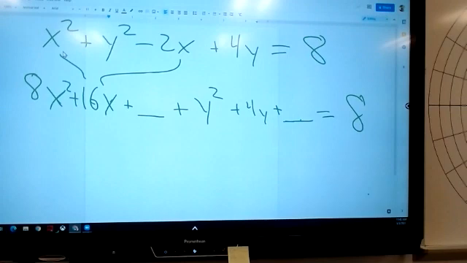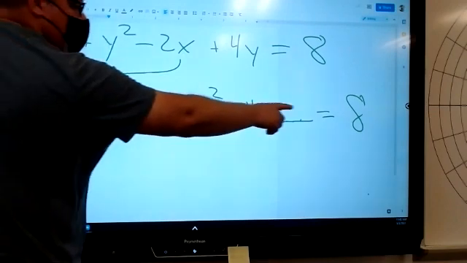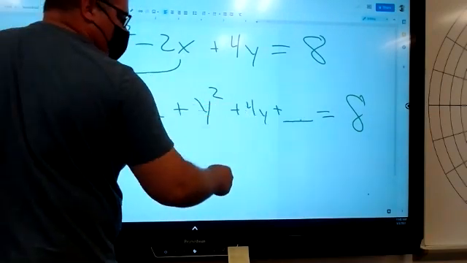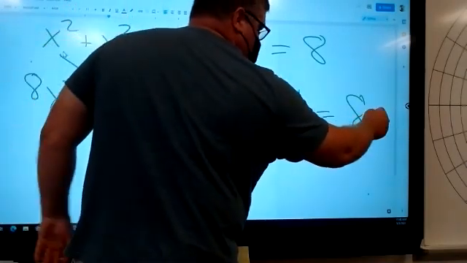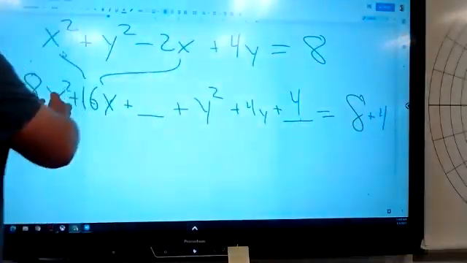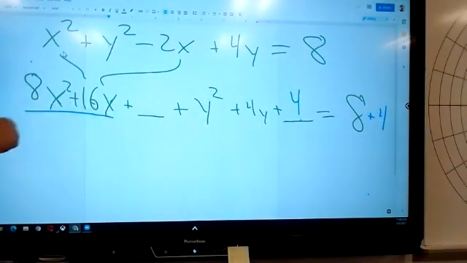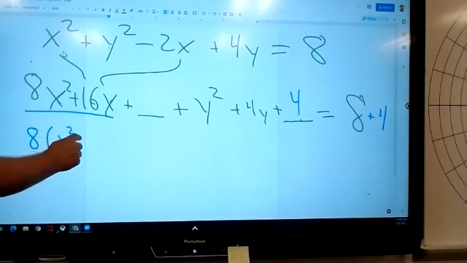Okay, I changed 16. But if I just had x squared with a 16, would that still just be a circle? Yeah. The problem is, I have this 8. Can I complete this square like always? Cut this in half, the answer is 2, square it, add, okay. Over here, how come I can't complete the square yet? The 8. What do I have to do before I can complete the square? Divide by. That's right, I'm going to take an 8 out.